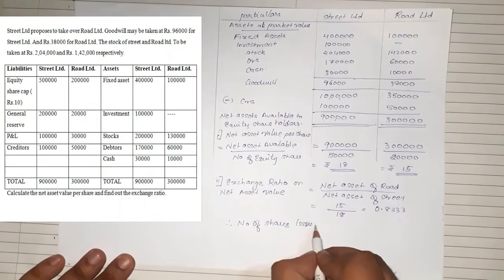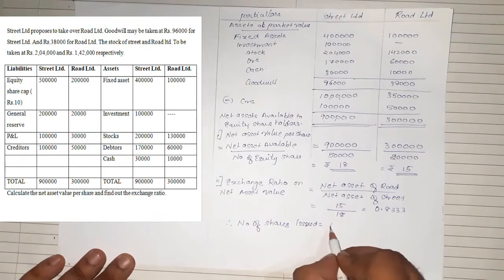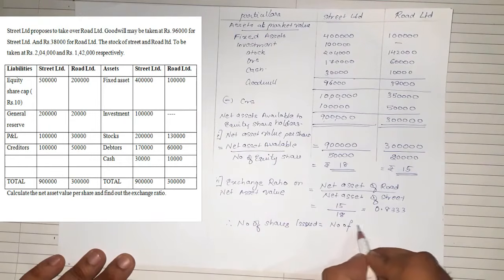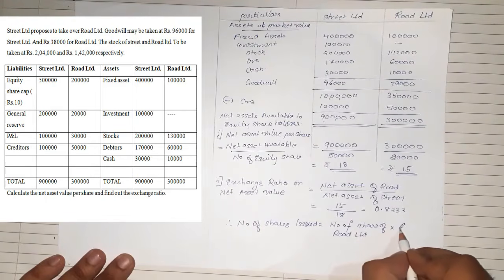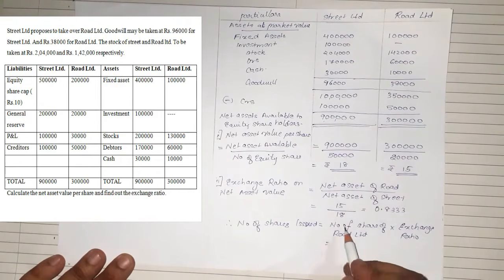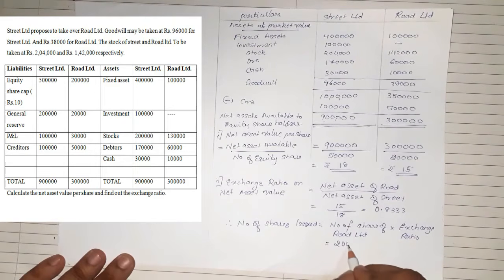So therefore, the number of shares issued will be the number of shares of Road Limited that is going to be taken over into the exchange ratio. So number of equity share was 20,000 shares. So 20,000 into 0.8333.